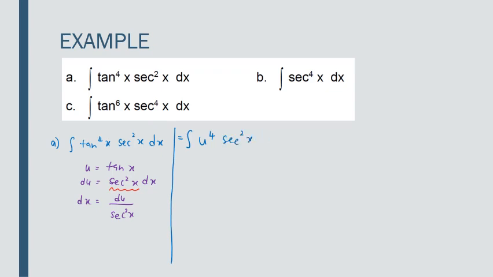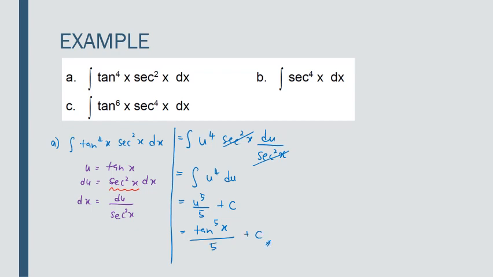Wait, what is dx? du over secant square x. See, we can eliminate secant square x with secant square x. So our integration becomes integrate u power of 4 du. So the answer is u power of 5 over 5 plus c. Substitute back the u, so tangent power of 5 x over 5 plus c. So this is the answer.